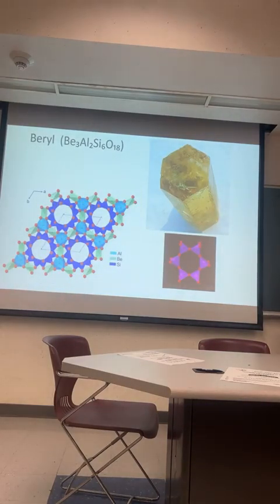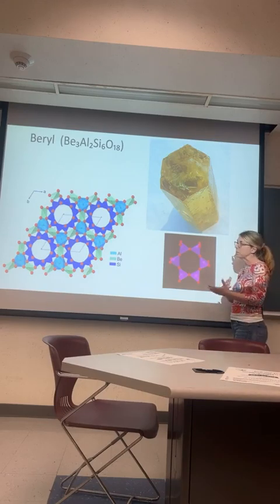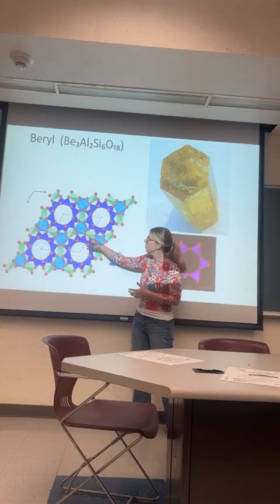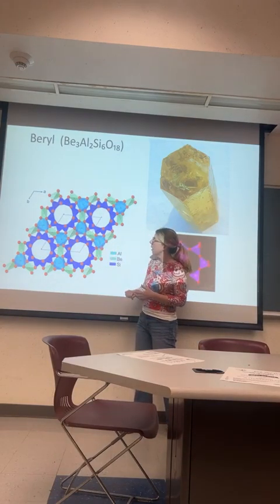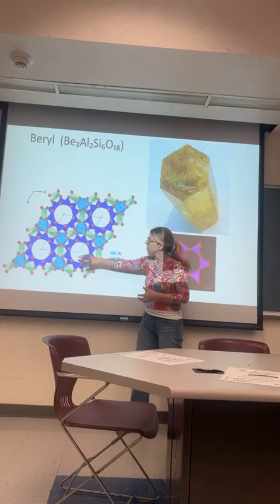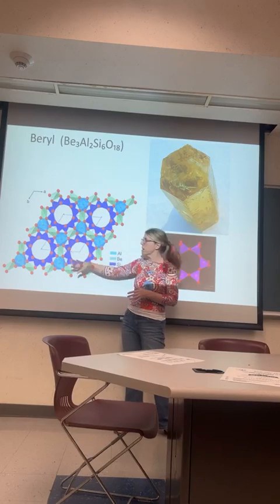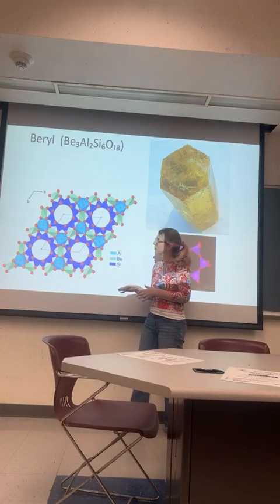So here's another example where that external form is reflected in the building blocks right there, where each of these spheres represents an ion, and these colors represent groups of ions that are bonded together. That's the different colors shown right here.